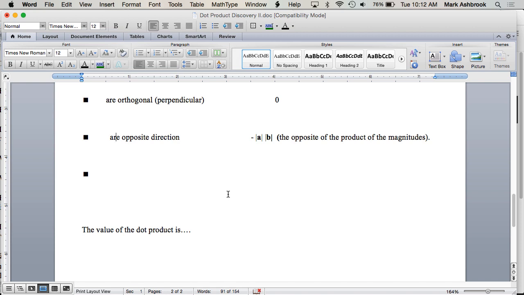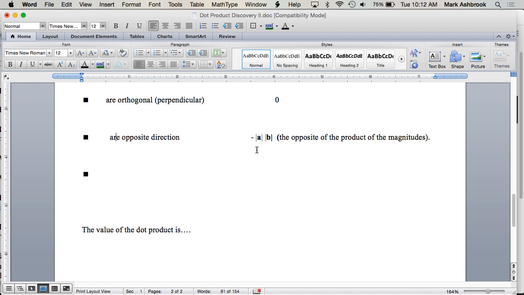So when you have higher dimensions, you need a term analogous to perpendicular. That's called orthogonal. Orthogonal is a general term for the dot product being 0. And our example of that is perpendicular in R2 or R3.